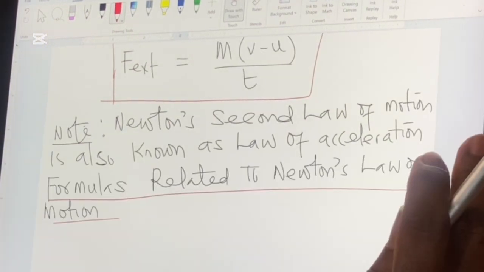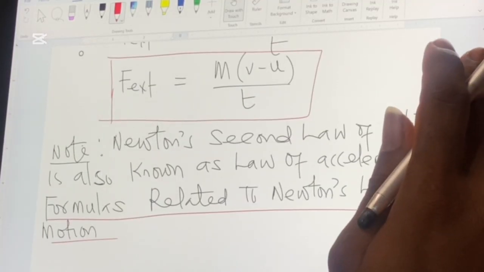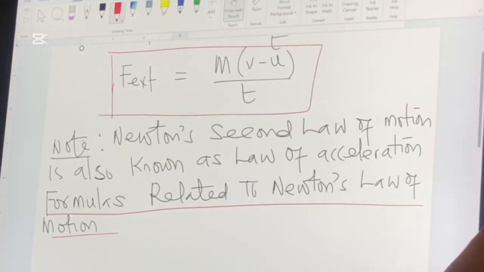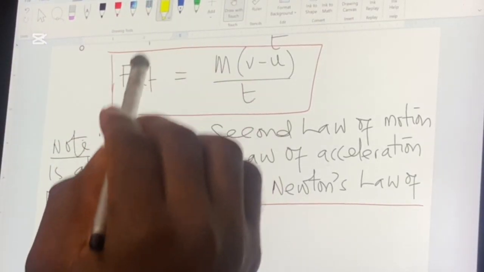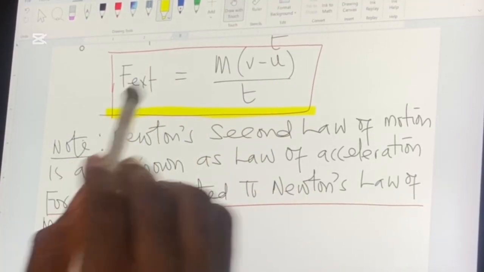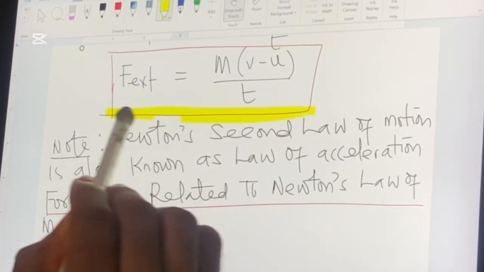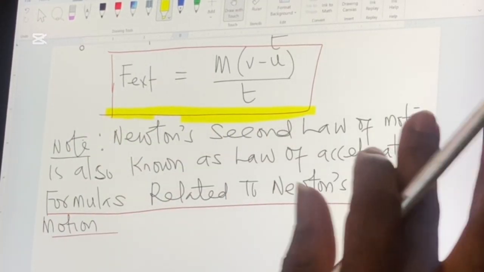All right. Before we consider this formula here, let's write down the fundamental formula for Newton's second law of motion. Class, this is the fundamental formula for Newton's second law of motion. It means that from this formula, other formulas can be derived. Please take note. So now let's write down the first formula here.